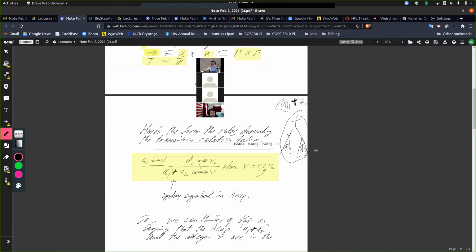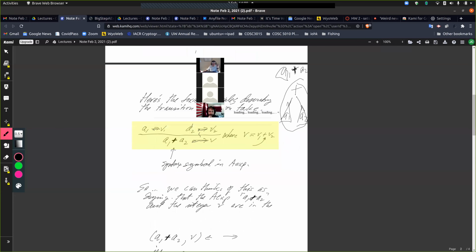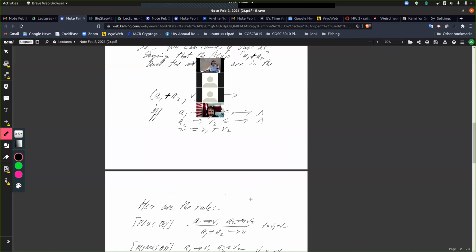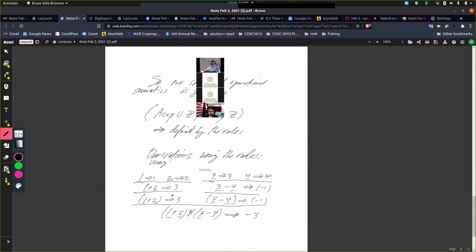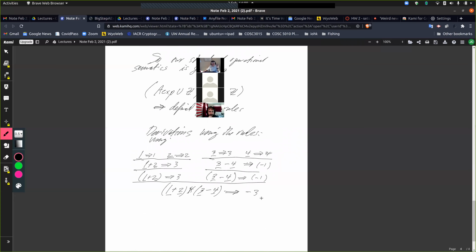Now, we don't know what A1 and A2 are. The rules are schematic in this grammatical structure, but we can do an example, and when you actually write down any sentence that's in the grammar, it's going to look something like this.